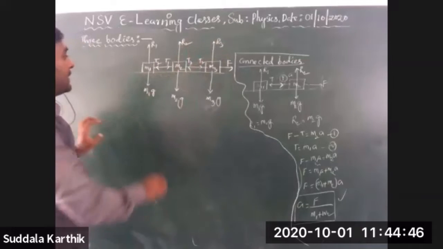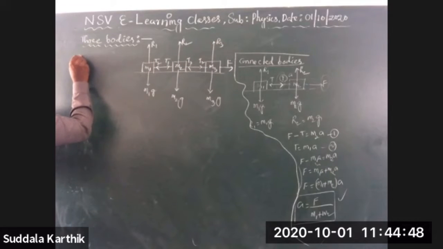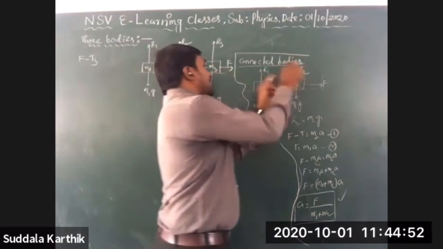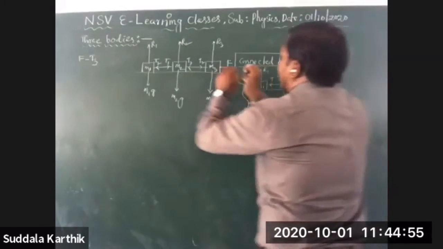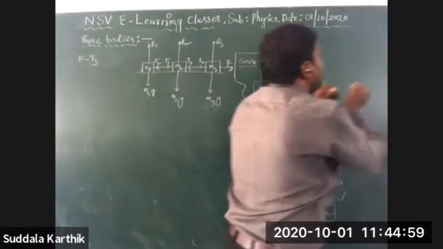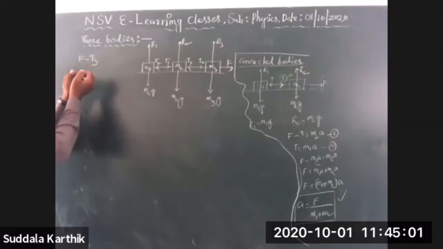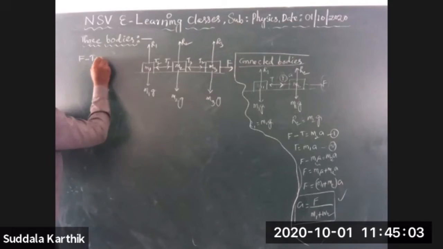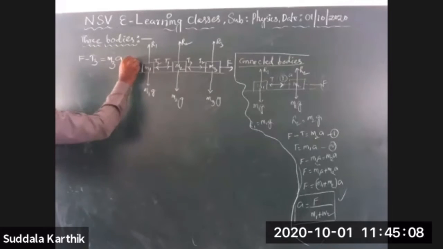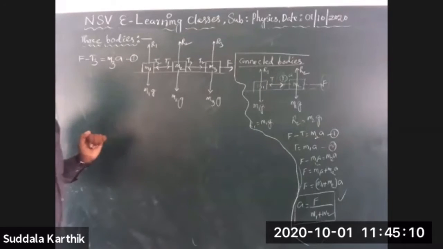T3 and F. The resultant of those two, F minus T3, is acting in this direction. You are pulling with force F in this direction, your friend is pulling with force T3 in this direction. That is equal to M3 into A. Let it be equation number 1.